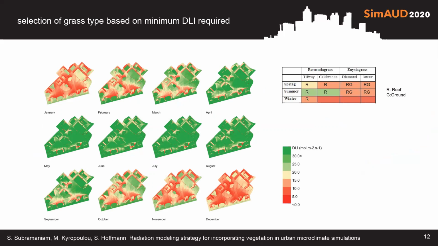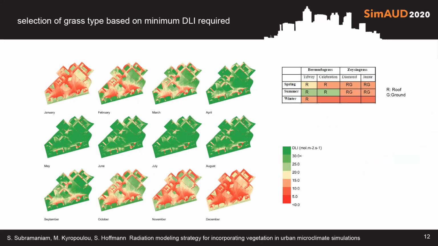So typically in urban areas, urban greening strategies consider trees, food crops, or grass. So based on the urban context considered for this case study, we chose to evaluate 2 species of turf grass that are conducive to the climate of Dallas. The evaluation was done separately for open spaces at ground level and on the rooftops of the buildings.